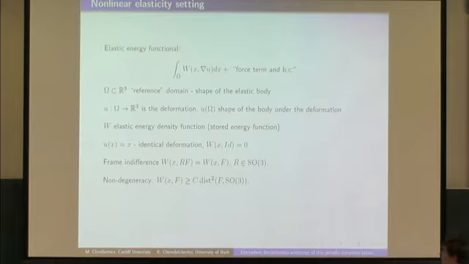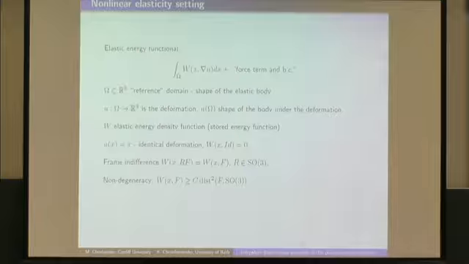Now, I would first like to introduce you to the standard setting of nonlinear elasticity. In the variational formulation of nonlinear elasticity, we consider a functional which includes this nonlinear term plus some linear term which involves boundary conditions and the force term.